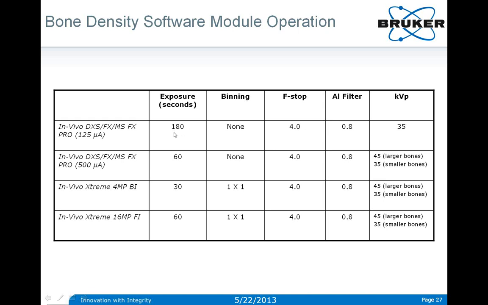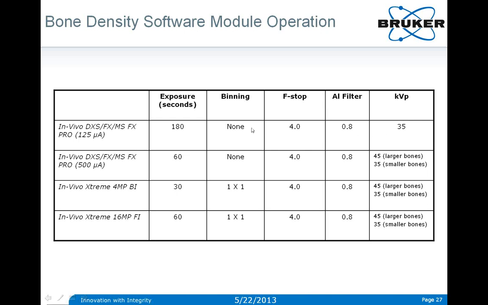If you have an older generation Bruker In-Vivo system, you might be working with a slightly longer exposure time. You can make some adjustments if you do need to obtain exposures with shorter time. You could, for example, decrease your f-stop value to something like a 2, and then you could decrease your exposure time. But these are going to provide high quality, nice contrast with a large number of pixels.